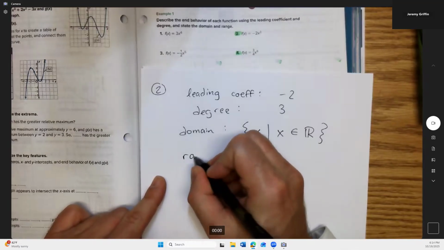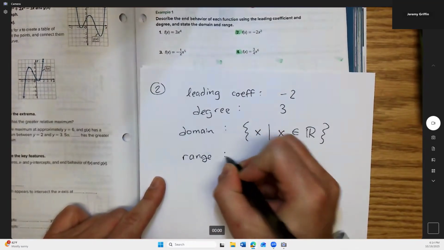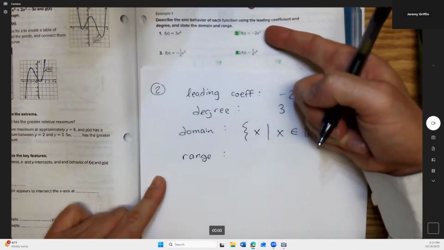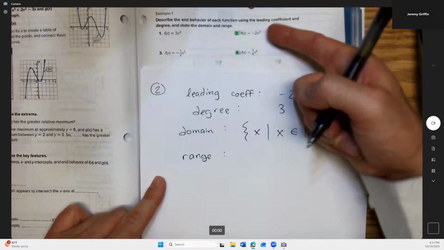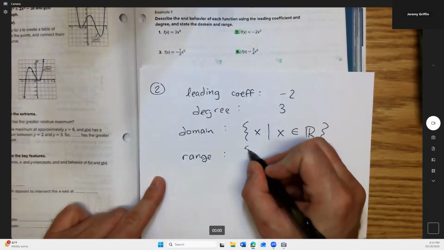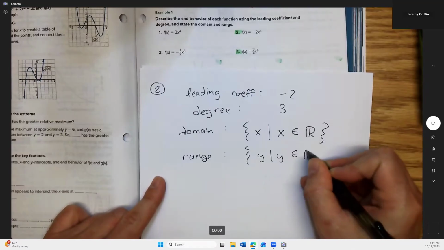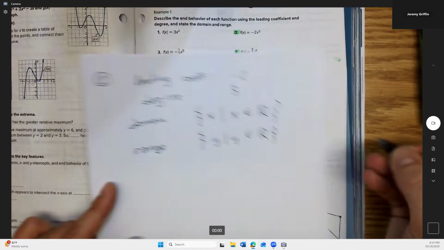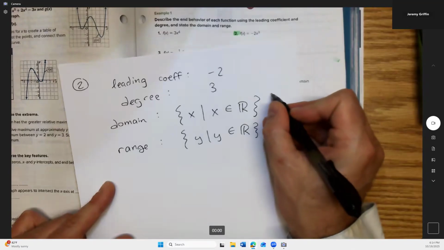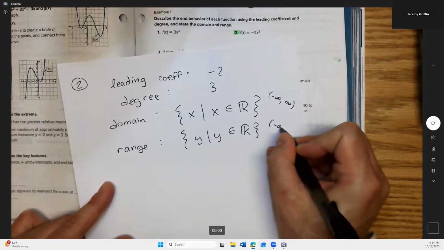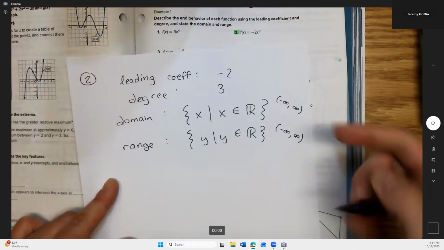Right, and then range, since it's an odd power, the range could also be anything. So I think it'd be something like this: y such that y is also an element of all real numbers. Right? And in interval notation, that might look like this: negative infinity to infinity on the domain, and same thing for the range: negative infinity to infinity. Different notation for the same idea.